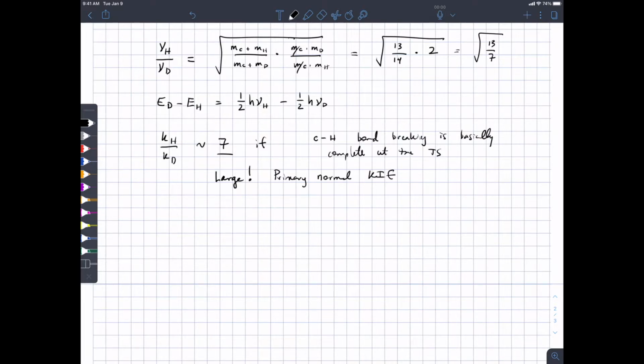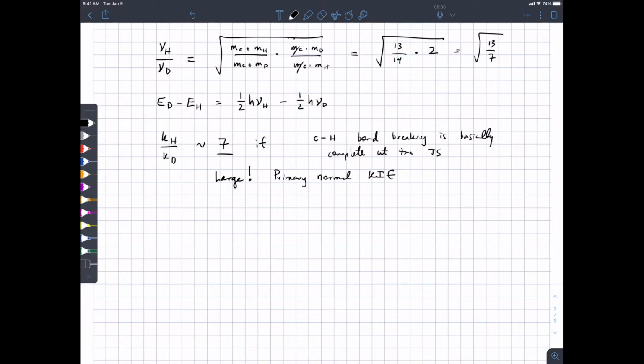Okay, but naturally there's always exceptions to this process. The complication occurs because not all transition states have complete bond breaking in them. In fact, very few have complete bond breaking in them.